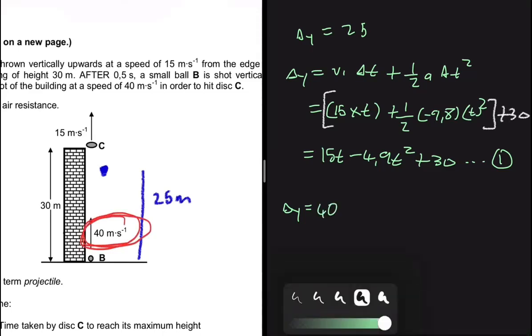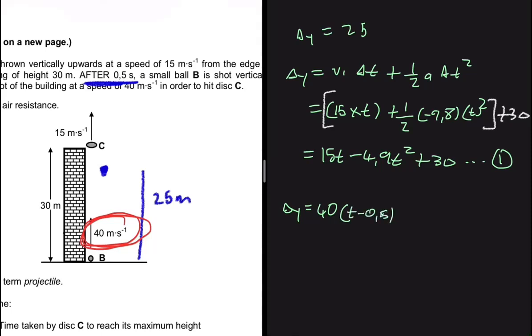And then delta t, instead of just putting t, our question here says that ball B was only projected 0.5 seconds after ball C was projected, right? So the time for ball B, we're going to actually put t minus 0.5, because it was thrown 0.5 seconds later, right?